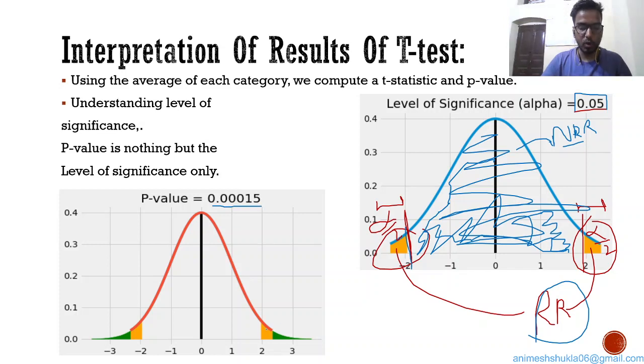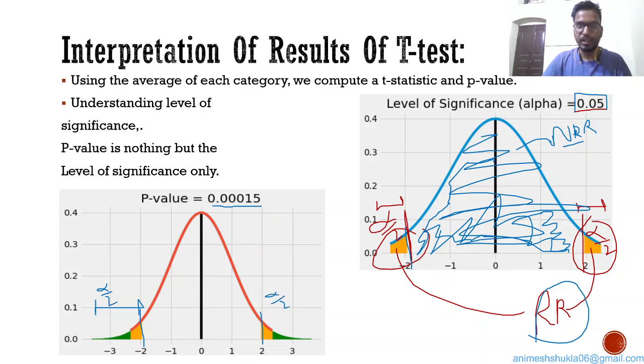That means that this orange region basically denotes the rejection region, and since this value 0.0015 is less than 0.05, that is this limit 0.05, the area from here to here is 0.025, which is alpha by 2, and this is alpha by 2.